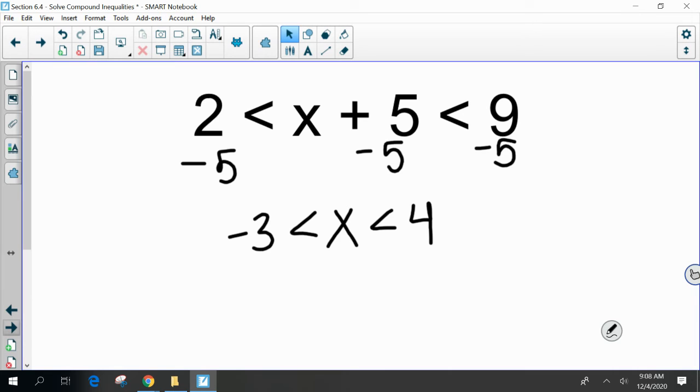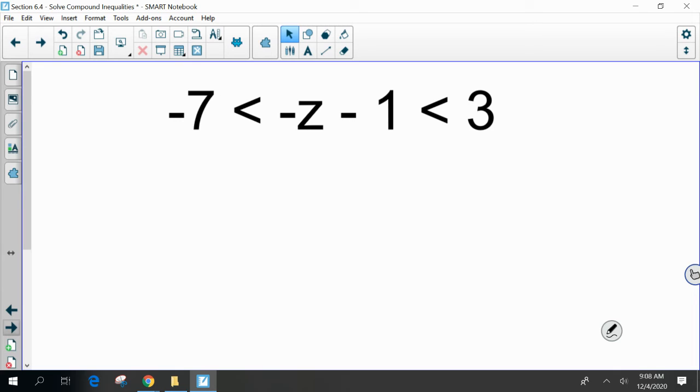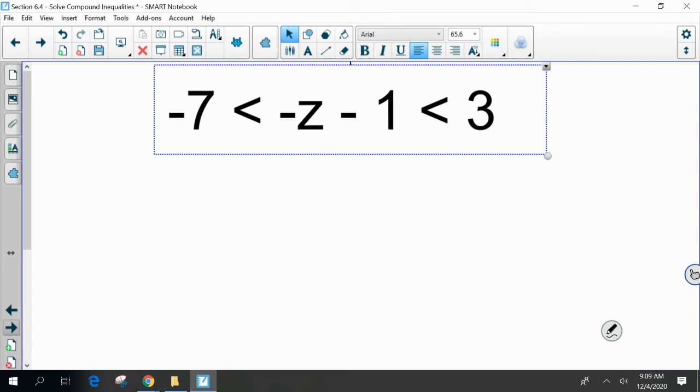Also, if you look at the next one, that's more than a one-step equation because we have a negative in front of z. So sometimes it's easier when I have more than a one-step equation to split it apart. So I'm going to ignore this greater than or less than 3, and I'm going to write this side.